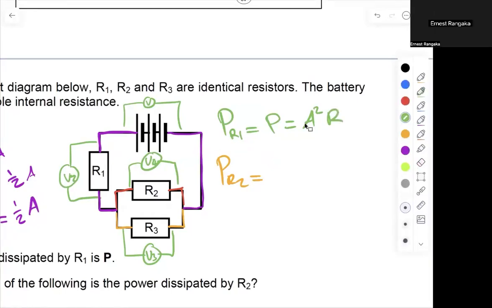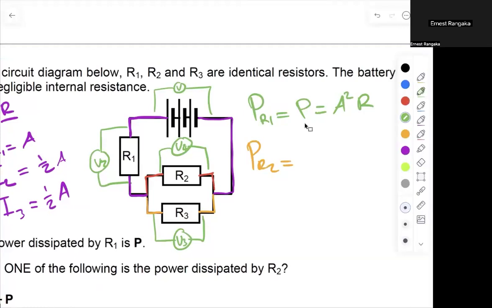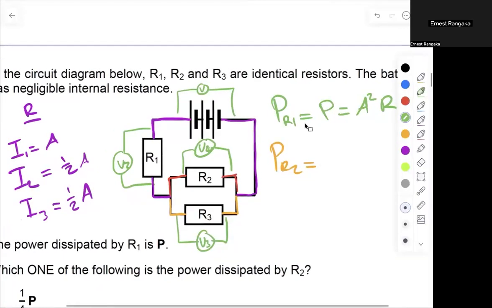Now let's look at R2. R2 is going to have I squared. What is the current through R2? It's half A, right?